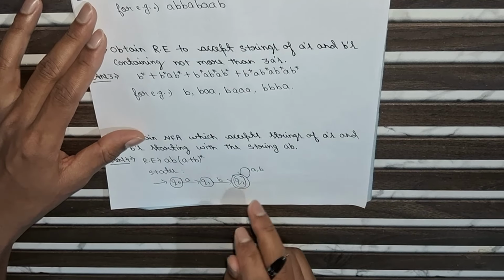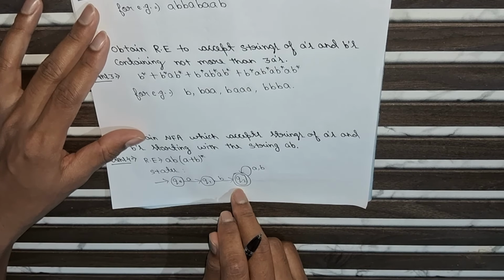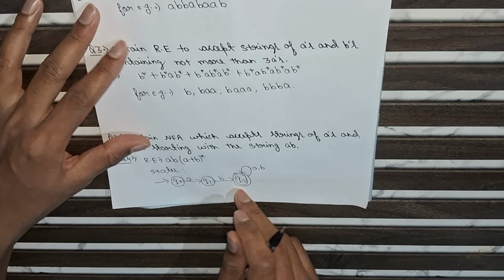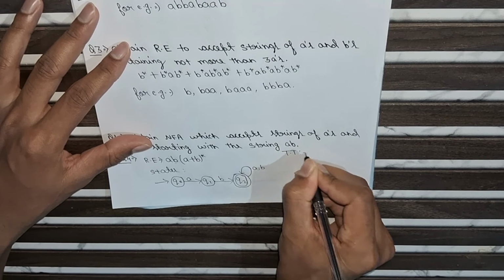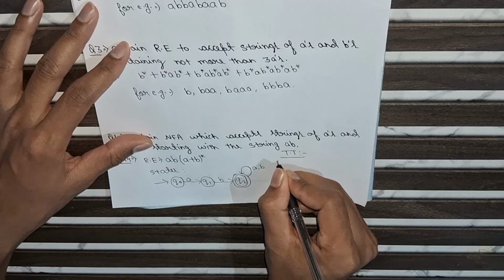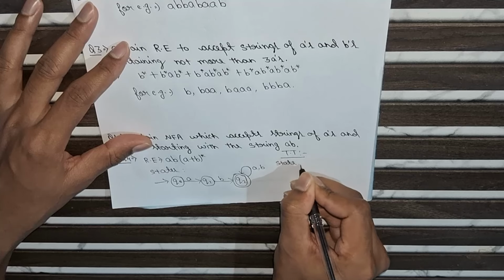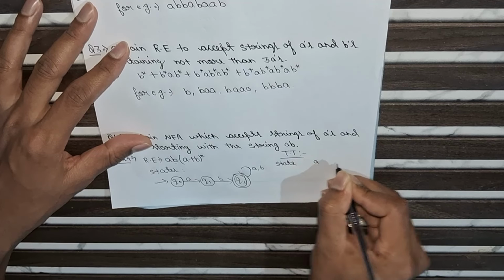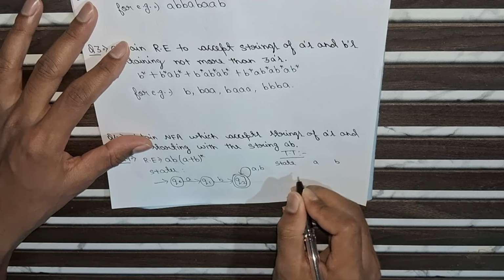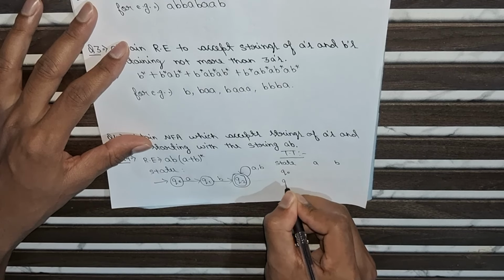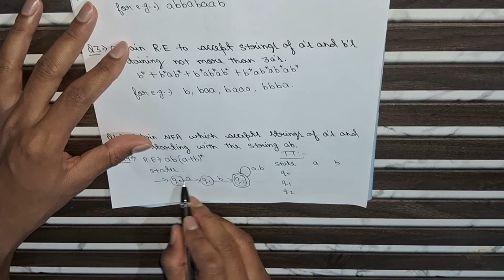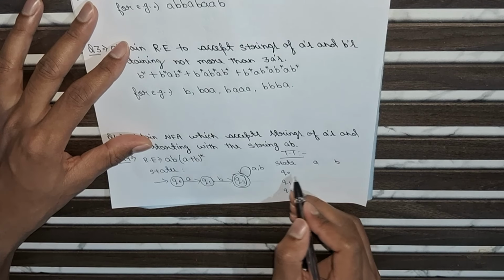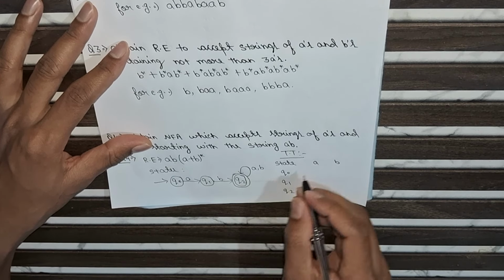Now we will draw the transition table for this transition diagram. So here firstly we will write state, here the input symbols, then q0, q1, q2. So from q0 with the input symbol A, it is going to q1.